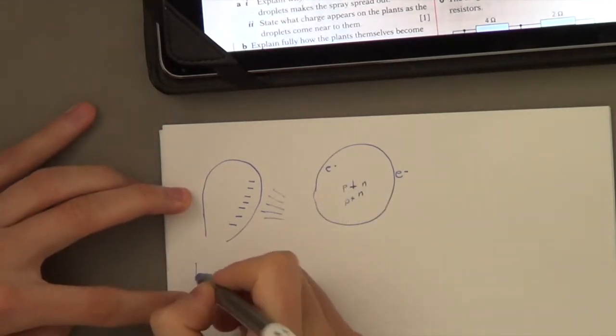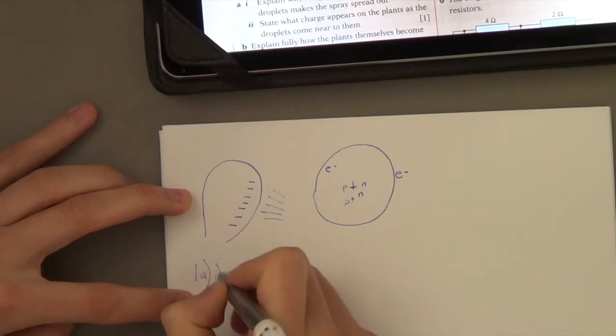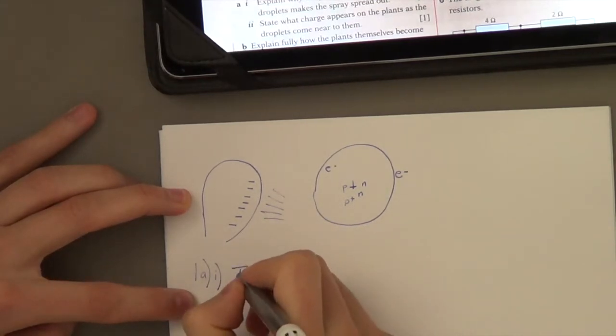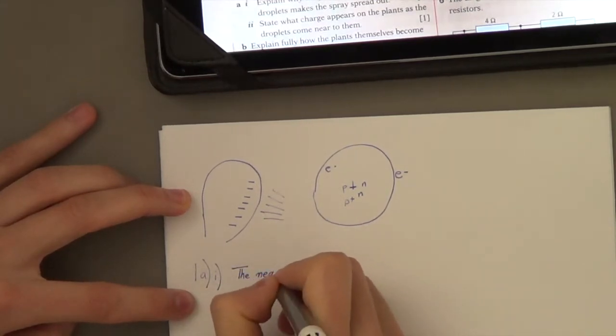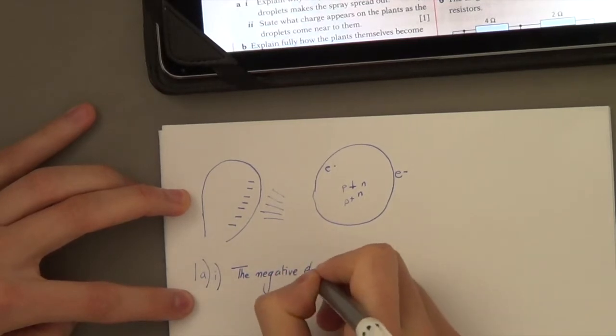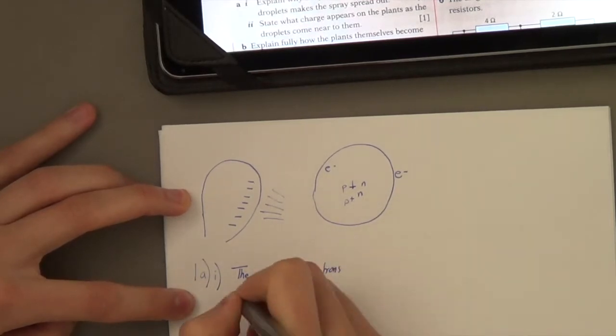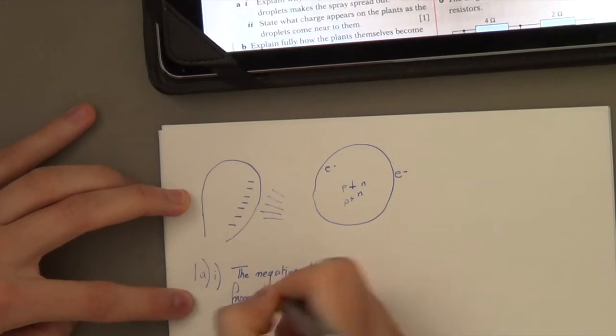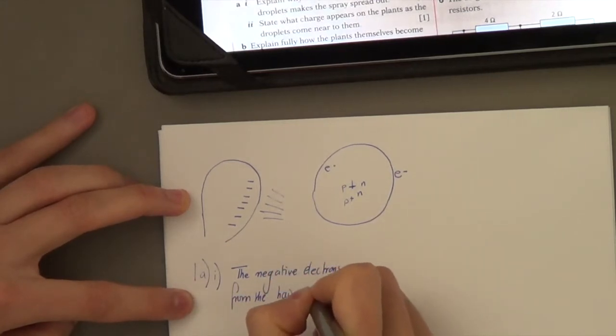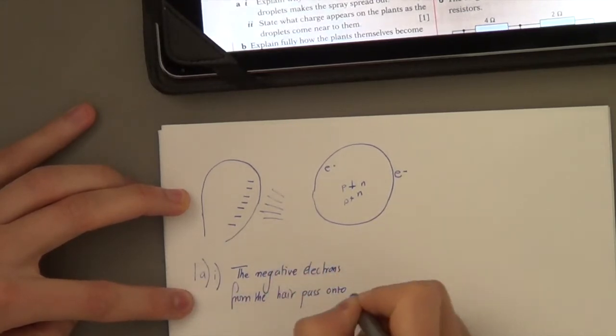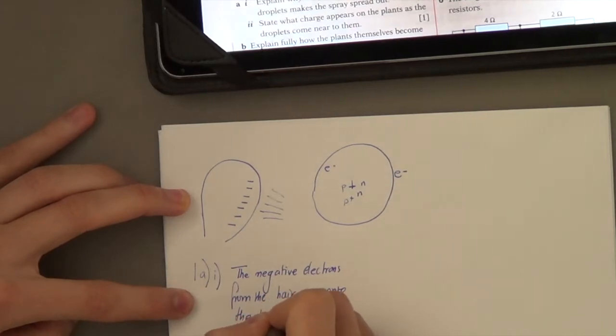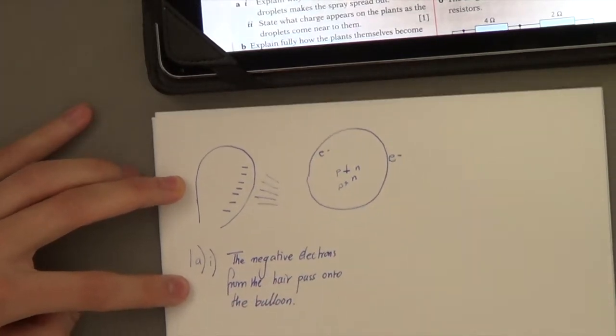So we're going to say: the negative electrons from the hair pass on to the balloon, and that makes it negatively charged.